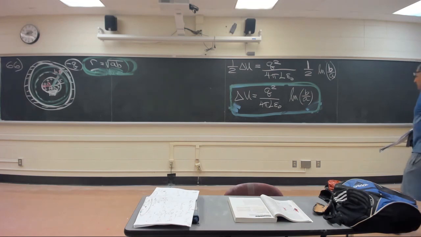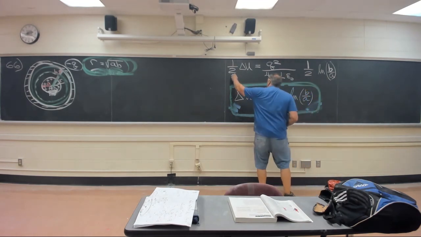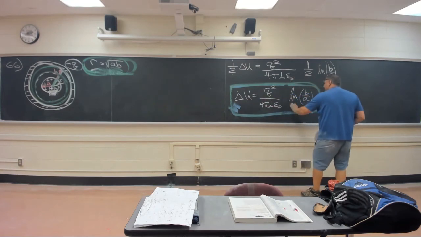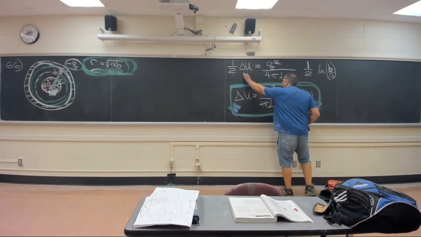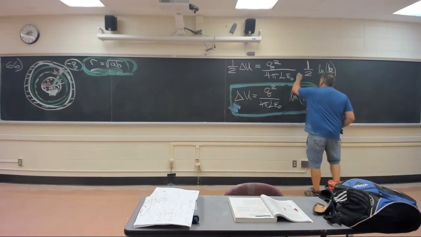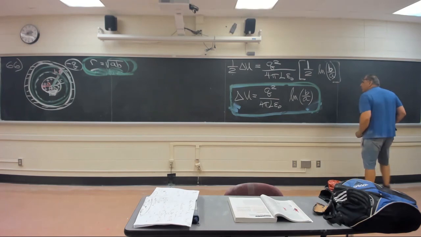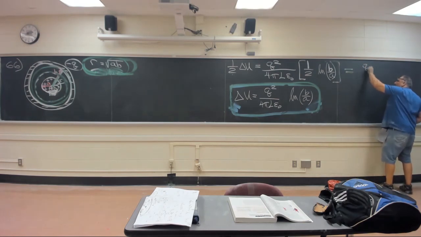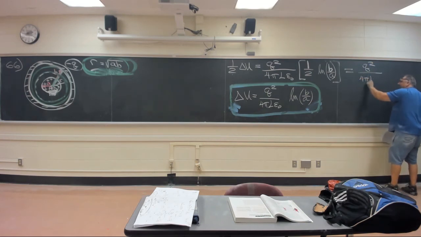True. Now here's where it gets interesting. Half of the delta U is, here's delta U, and you got all this. Half of the delta U is half of this, which means half of the delta U is half of this, which is that. Okay. True. And that's going to equal Q squared, 4 pi L. That doesn't change.